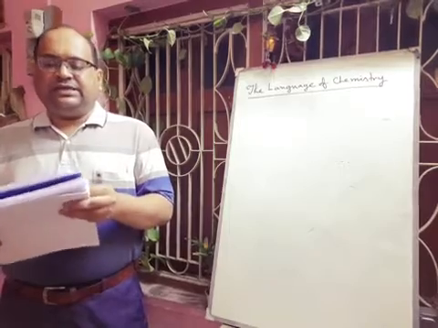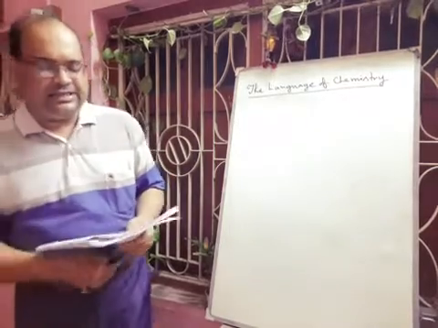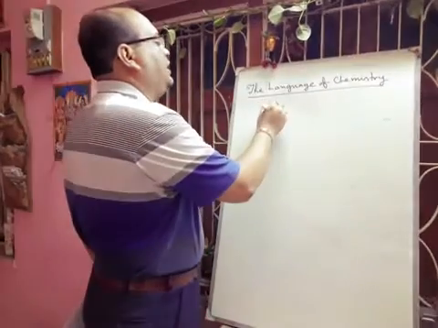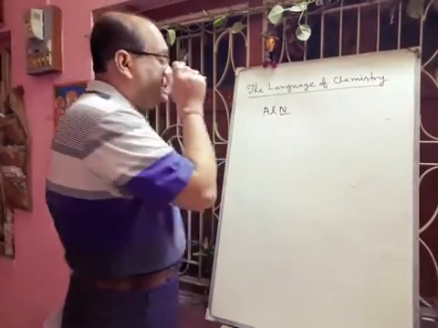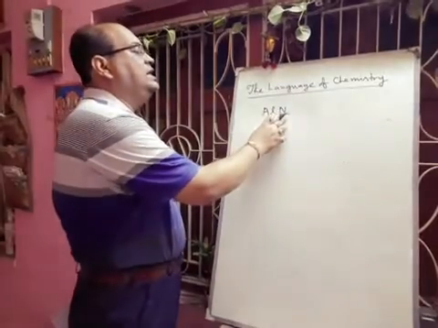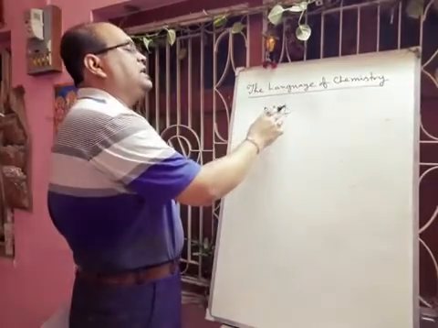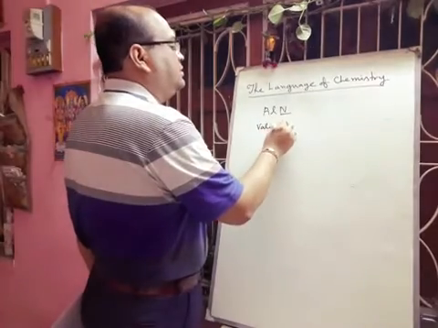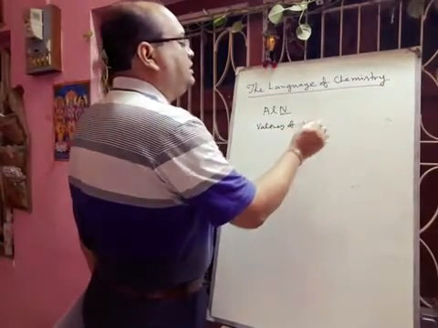Next we will discuss some valency. Sometimes a compound will be given and an element is underlined, so you have to state the valency of the underlined element. Take aluminum nitride: aluminum valency is 3 and nitride also 3, so the valency of nitrogen here, valency of N, you have to write 3.